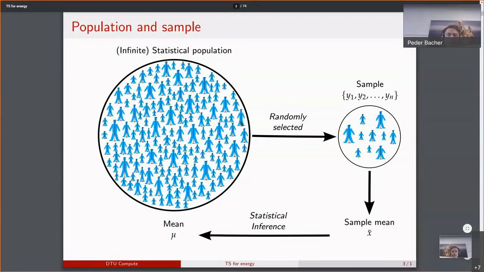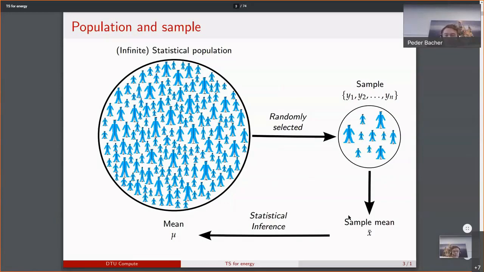We cannot measure everyone, so we just take a sample of n observations. Our best estimate of the mean of the population is the mean of the sample. That's a very simple statistical method.